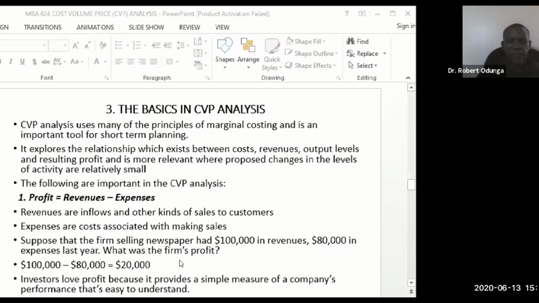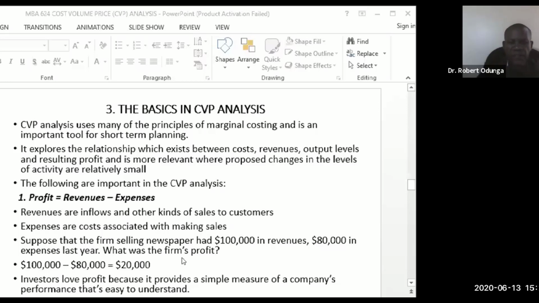And to determine the profit, you take the total cost incurred, production plus the expenses, and less it from the revenues.